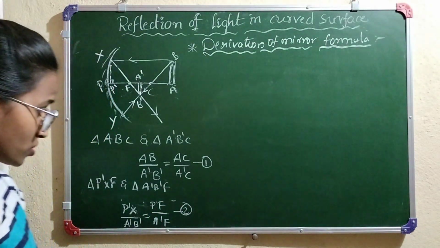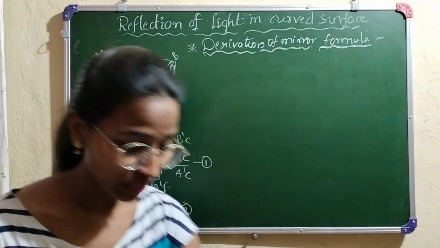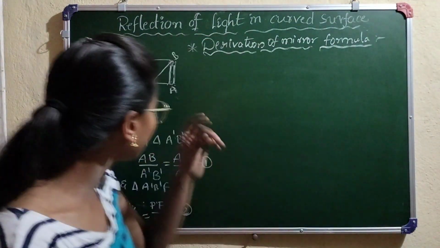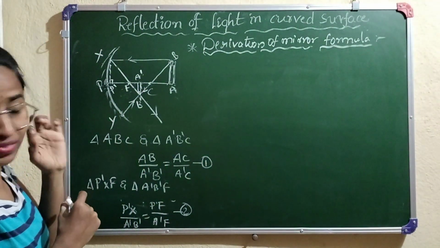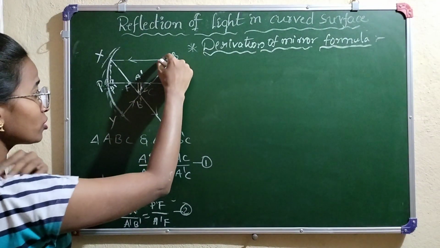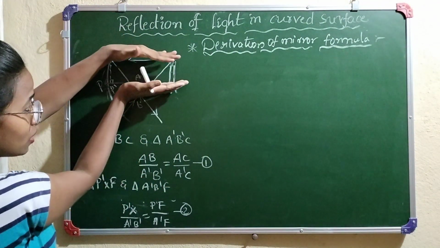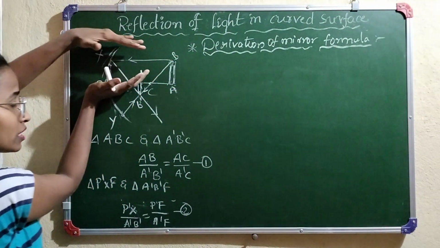These are the two equations. Now, whatever the length of P dash X is, the same length is there at AB, because this is a parallel light ray, so whatever the length here, this length is also the same.